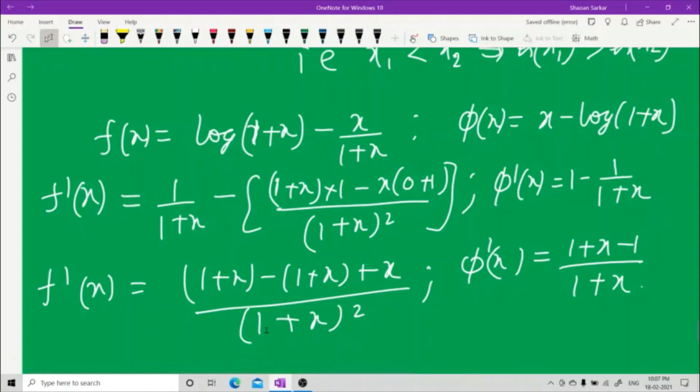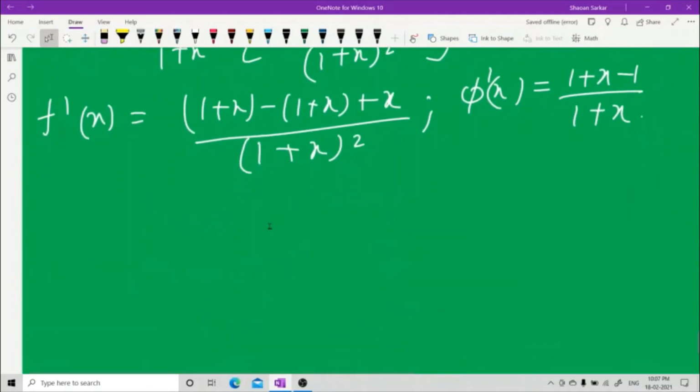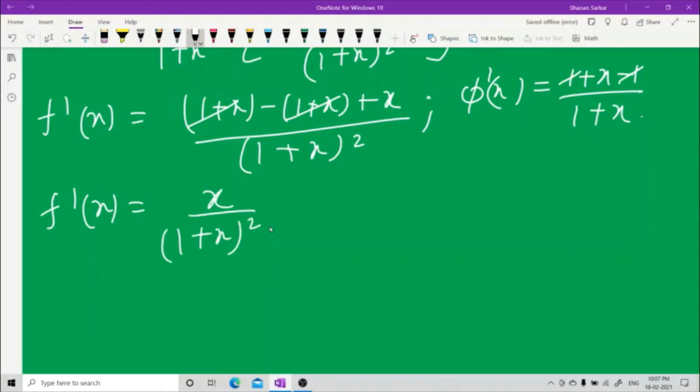Now you cancel these. So f dash x is x upon 1 plus x whole square, and phi dash x is equal to x upon 1 plus x.